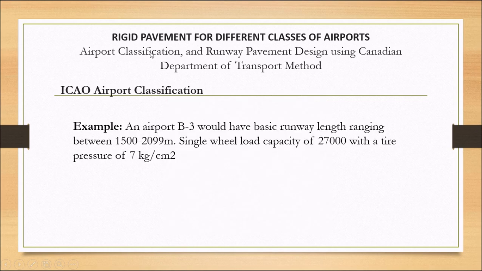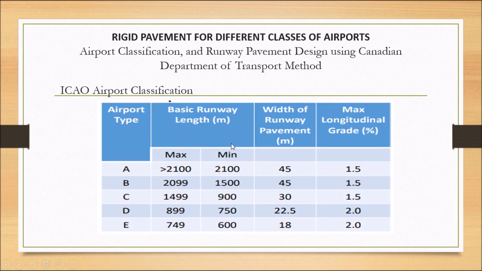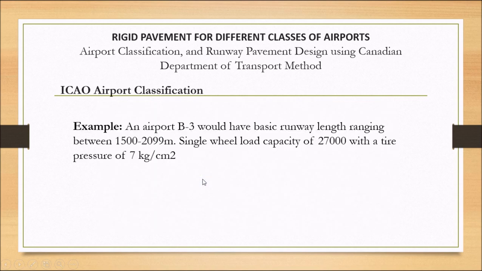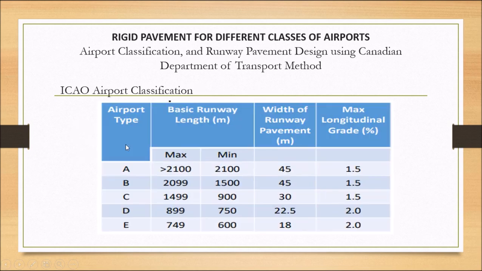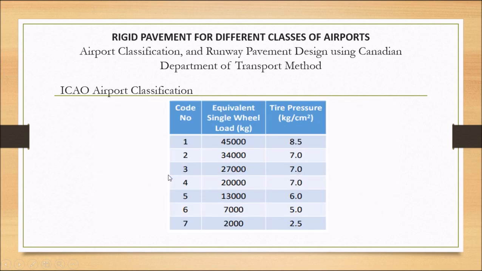So let's look at an example. It says an airport B3 would have a basic runway length ranging from 1,500 to 2,099. Of course, you can see it ranging from 1,500 to 2,099.